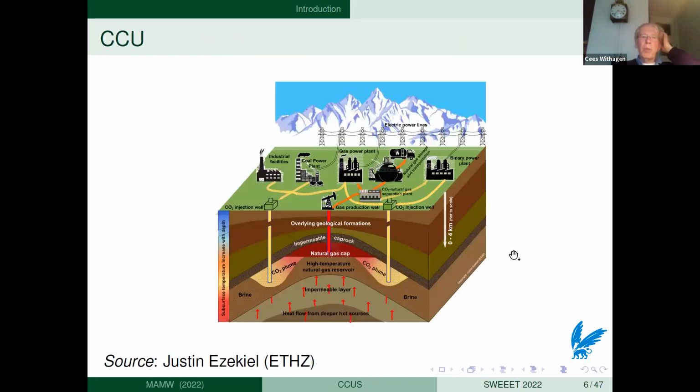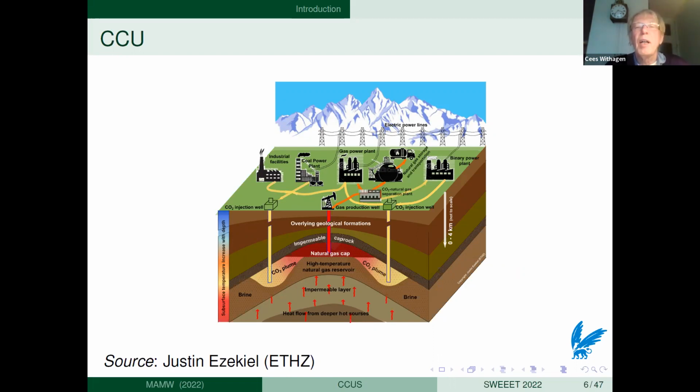Here you see an example of carbon capture and utilization. So you see the red spot is natural gas, and natural gas is then extracted, and it is used to produce electricity.